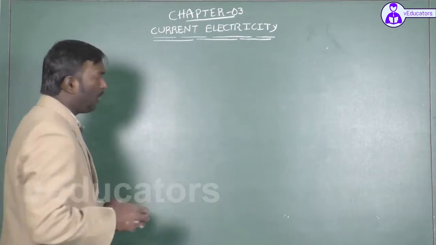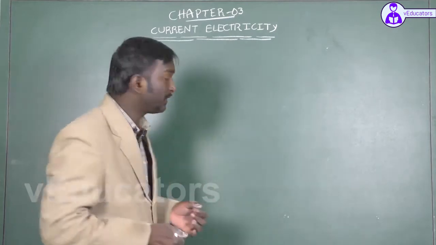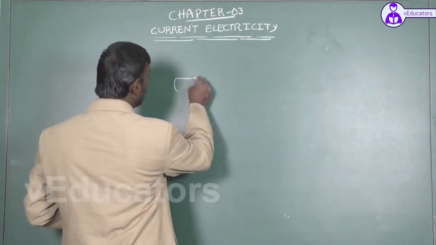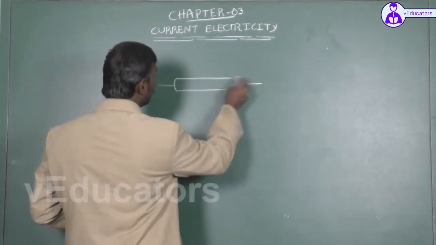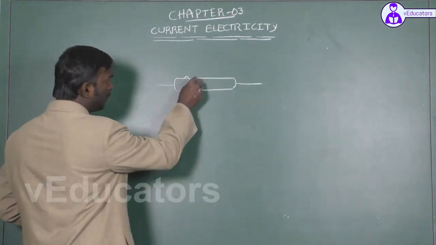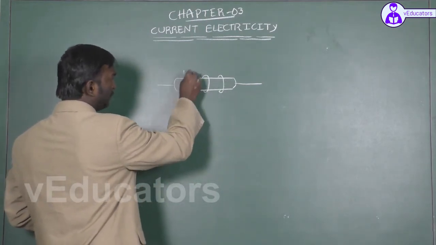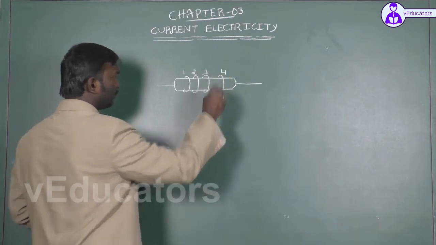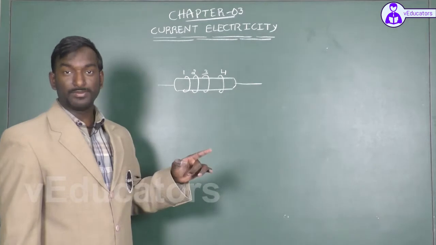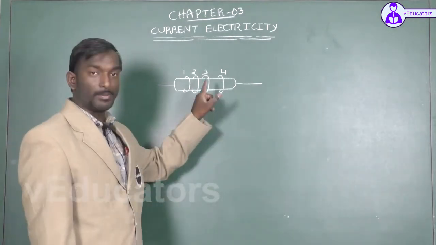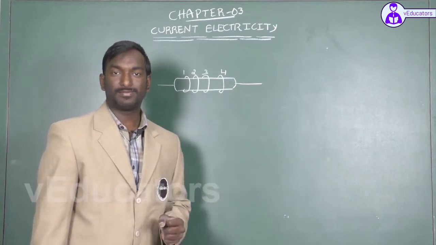You know, on a resistor you can see 4 colored bands. If I know how to read all these colored bands, they give the resistance of that particular resistor.